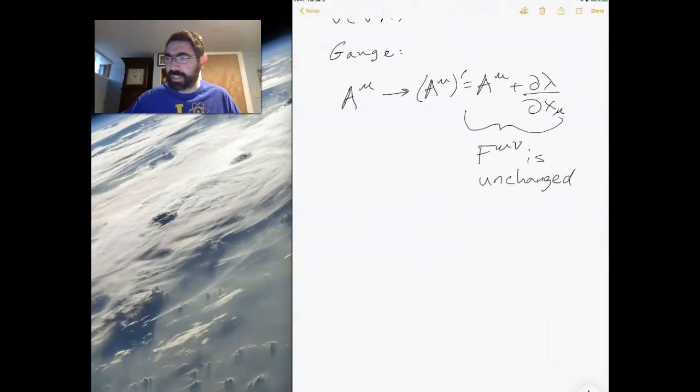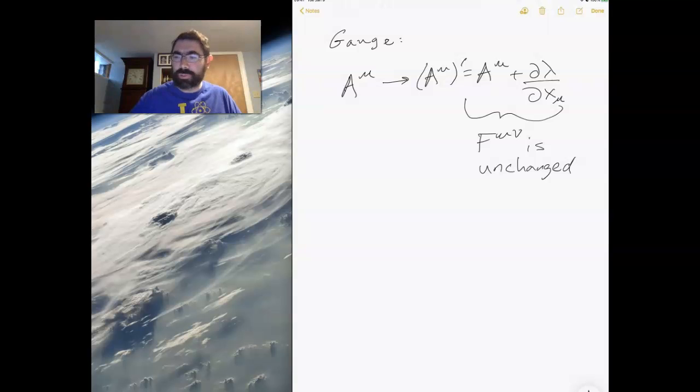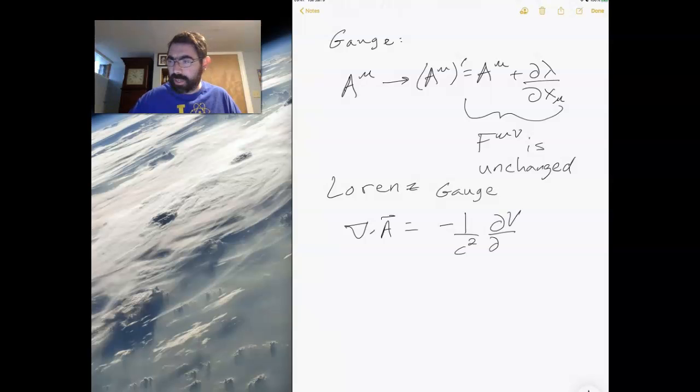The gauge that we found very useful was the Lorentz gauge, where we said the divergence of A was equal to minus 1 over c squared, the time derivative of V. Written relativistically, what would that look like?